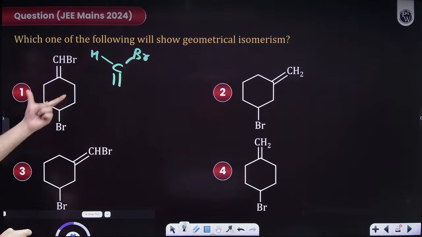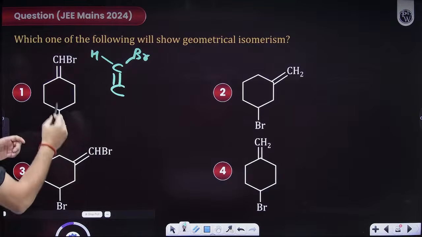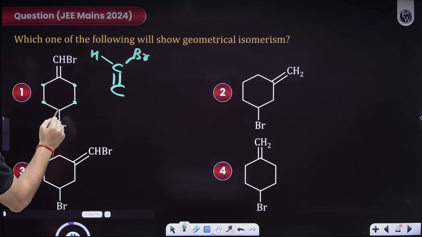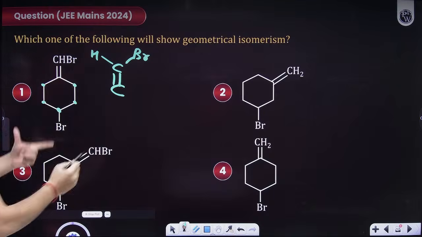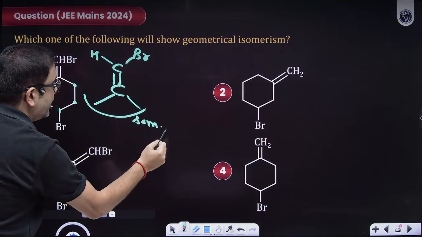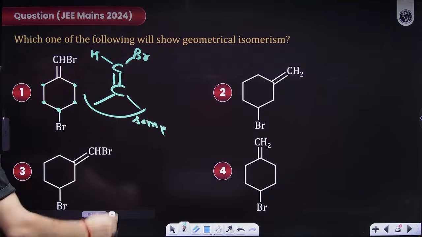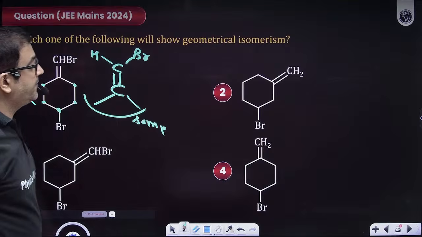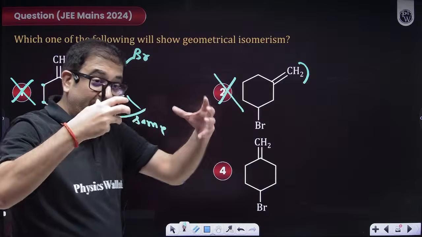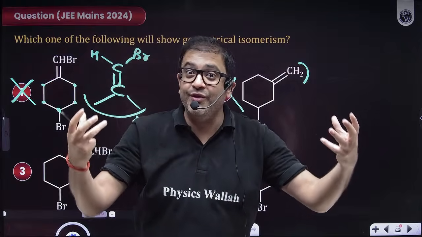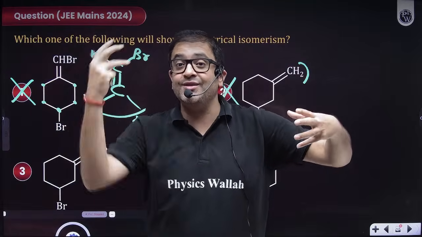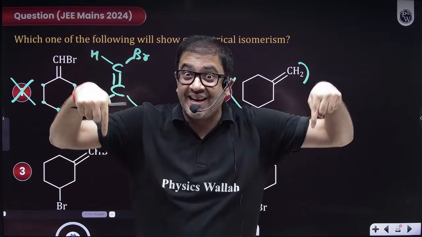But this carbon has the same groups on it, so how can you say same side or opposite side? Therefore, it can't show GI. Again here, these two hydrogens are same. Restricted rotation needs two different stereo centers.